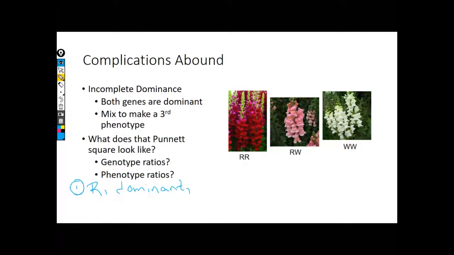And we can see this by looking at the image, that this allele codes for red flowers. We can see this with the homozygous dominant R version of this: we have nice, pretty red flowers.